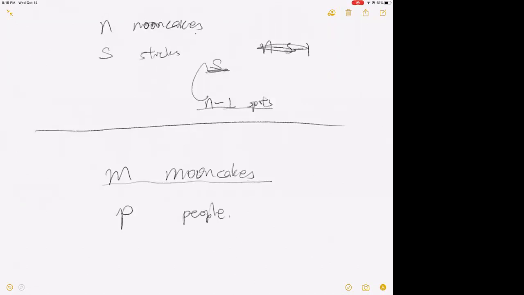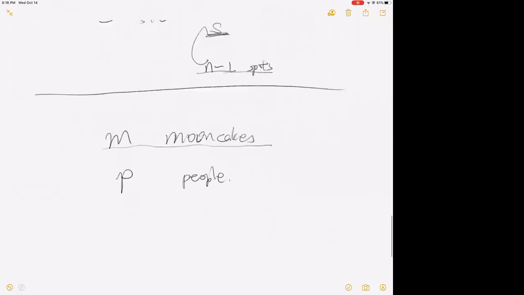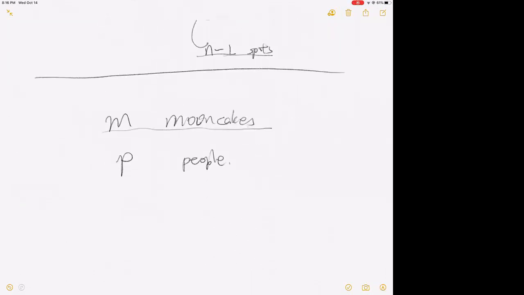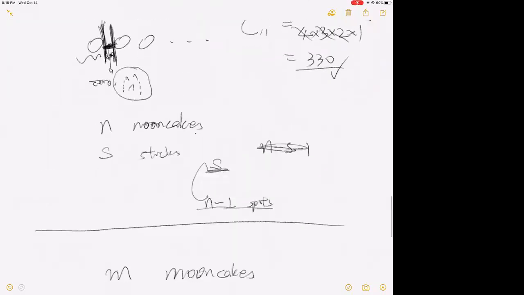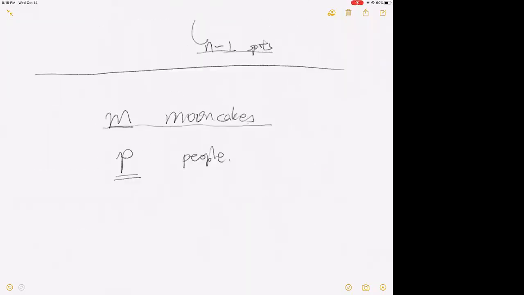I'm just trying to make the notation straight. We have m mooncakes and p people. The s is the same? Well, the first one is s sticks, and here I'm saying we have p people.